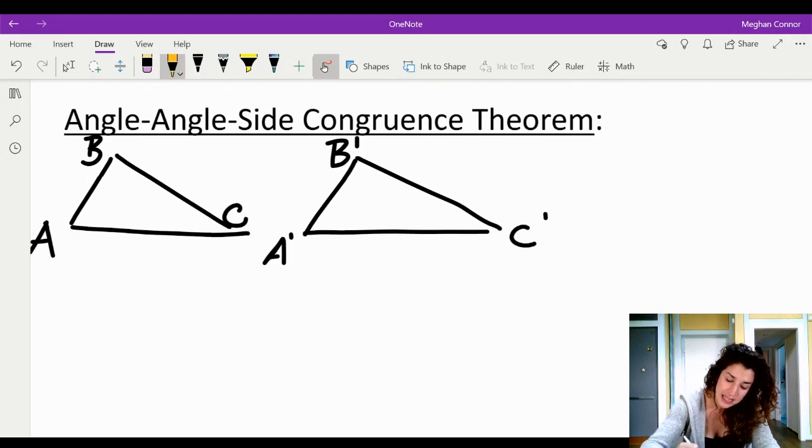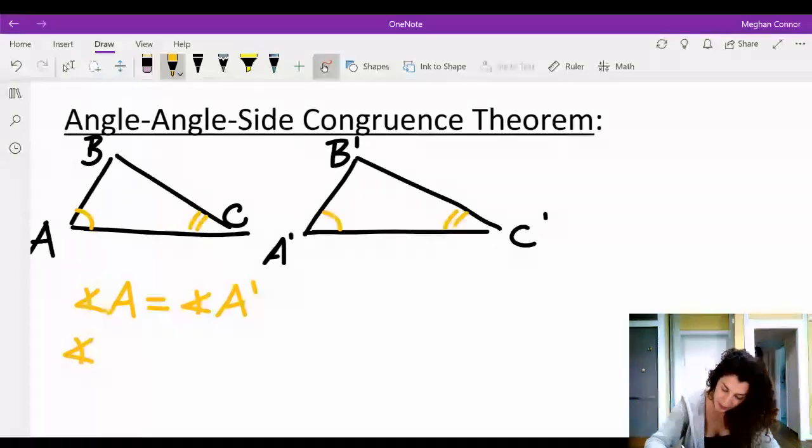So if I were to pick some angles that I wanted to be equal, I would maybe say, let's have angle A be equal to angle A prime, and then let's have angle C be equal to angle C prime.